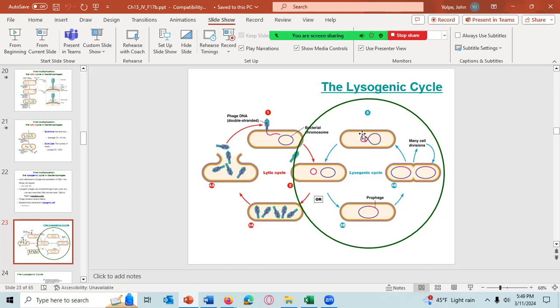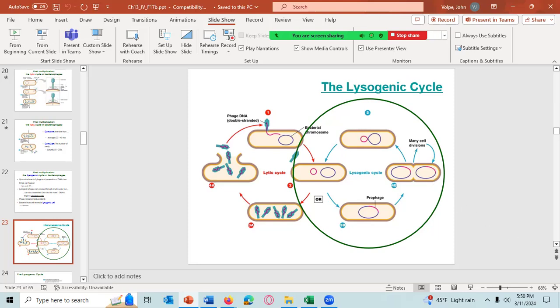For some reason, the virus seems to know that the host cell's chromosome is damaged and that the cell may die, in which case the virus leaves the lysogenic life cycle and enters the lytic life cycle. But other than that, we don't know why, even after 70 years of studying this aspect. Any question about any of that?